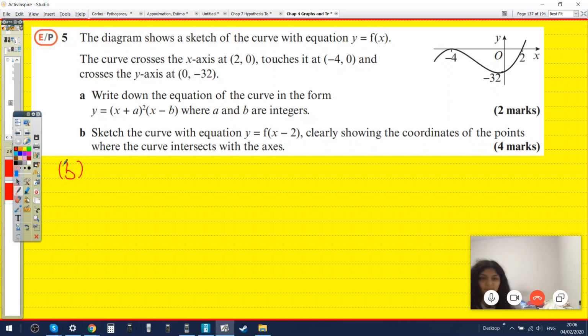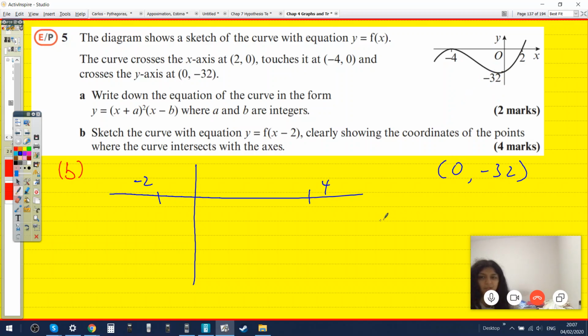Yep. -2. Nope. What would this be? At the moment, it's 0 minus 32. Yeah, and so clearly showing the coordinates of the point where it intersects. No, I'll just do it like that.